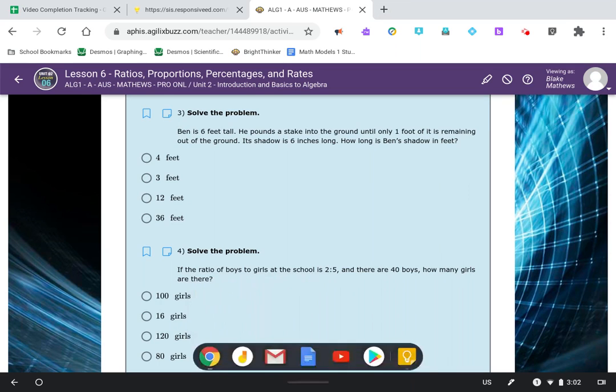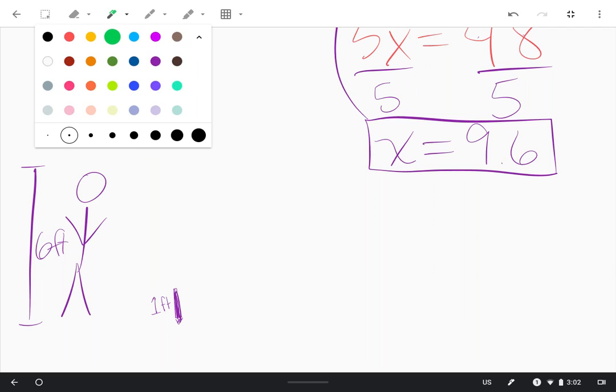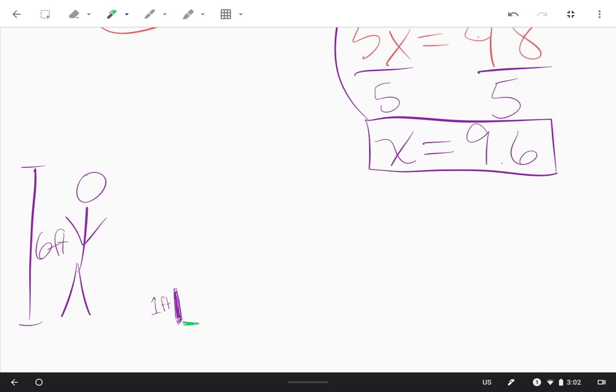How long is Ben's shadow? So we have the height of the object, and we have the length of the shadow. So let me draw the length of the shadow in another color. So there's a shadow here, and the shadow is 6 inches, also known as 1/2 of a foot, 0.5 feet. And then Ben has a shadow as well. And we want to know how long is Ben's shadow.